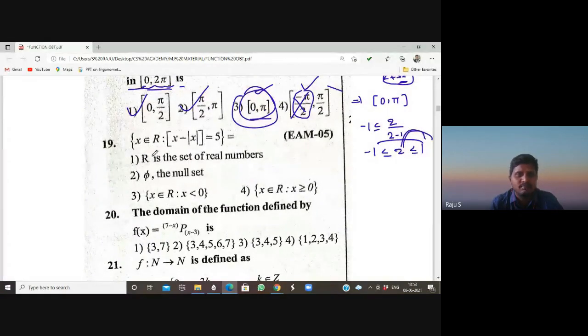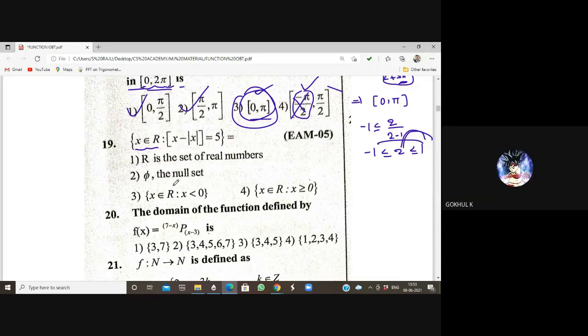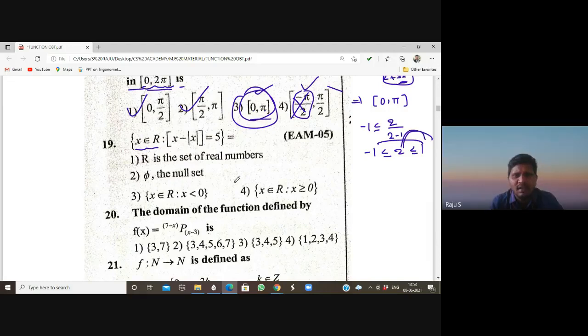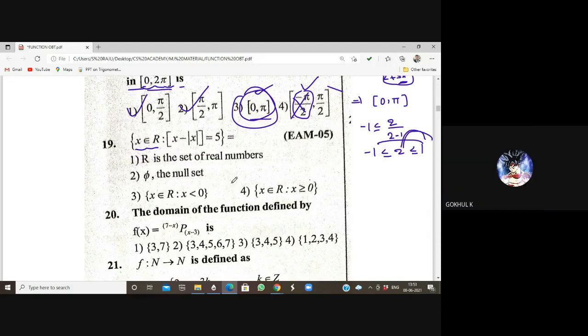19th question, students. For any value of x belonging to R, x minus modulus x is equal to 5. Does it exist? No, sir. Fractional parts are not equal to 5.